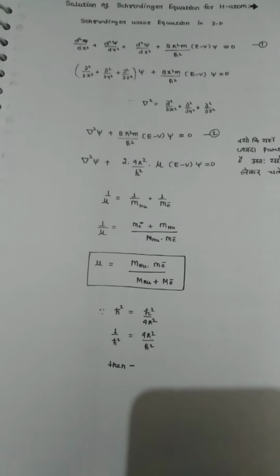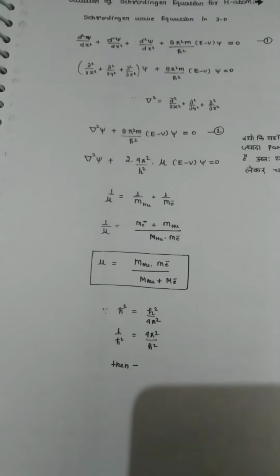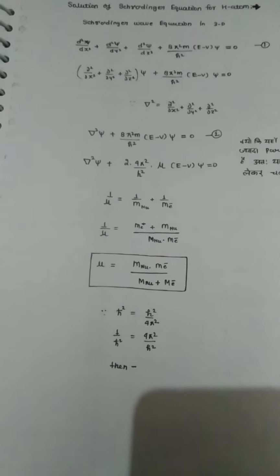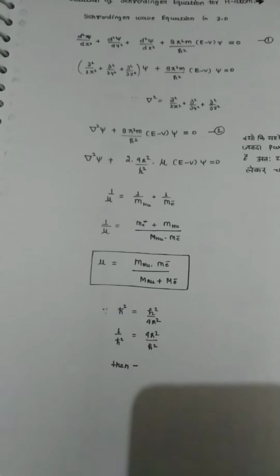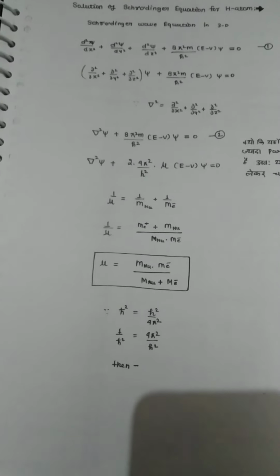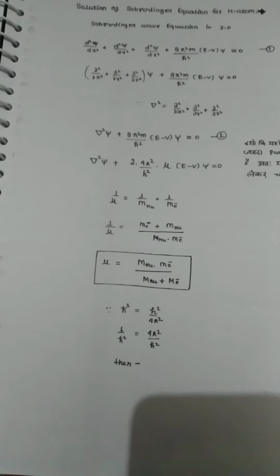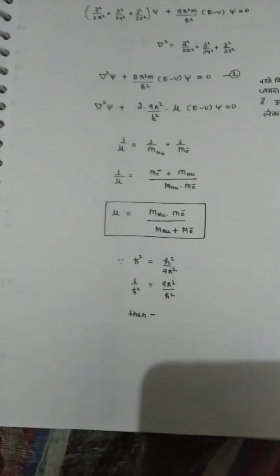This part is a particle-in-a-box equation, and this is the wave function that comes first. So we can say that mu is equal to m nucleus times m electron upon m nucleus plus m electron.